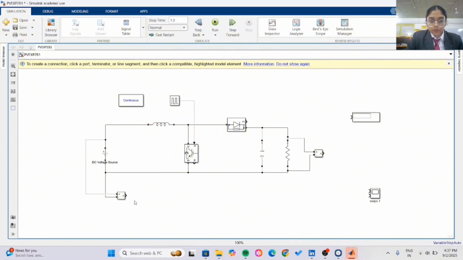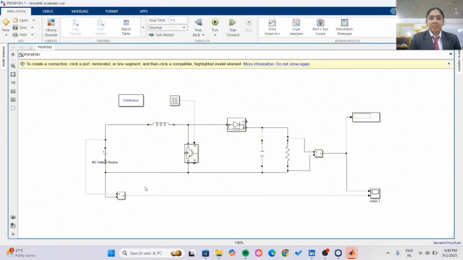So first and foremost, we will connect this voltage measurement to our scope's second input, and the voltage here will be connected to this, and the display will also be connected over here. So this is our final simulation, and here we have used continuous.